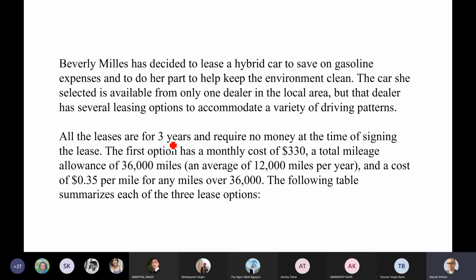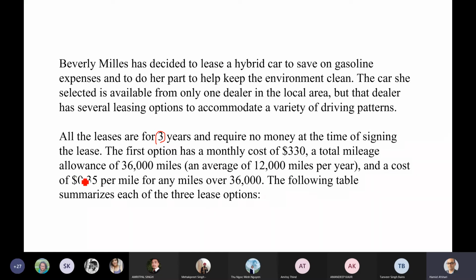All the leases are for 3 years and require no money at the time of signing the lease. The first option has a monthly cost of $330, a total mileage allowance of 36,000 miles, which means that, dividing 36,000 by 3 years, on average each year Beverly can drive 12,000 miles.